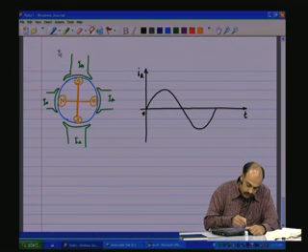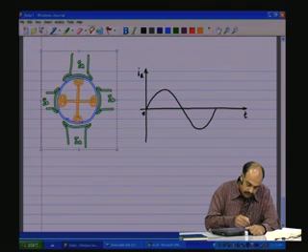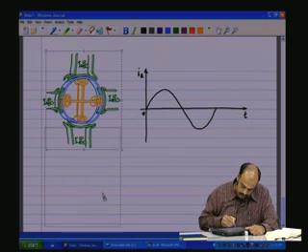Let me copy this whole portion, and let me also paste it and have a duplicate here.